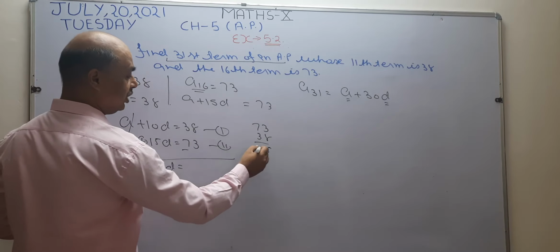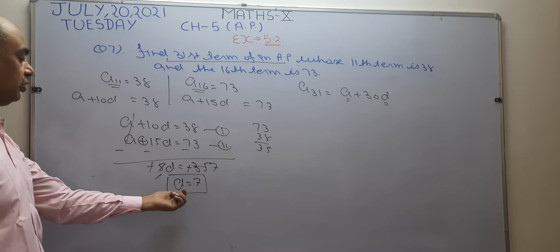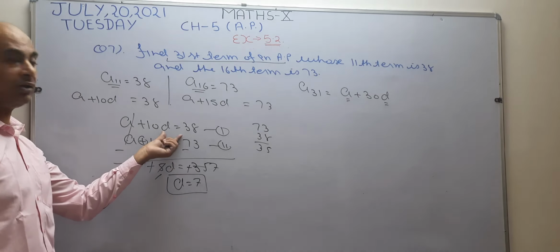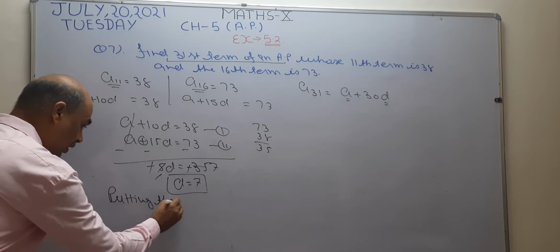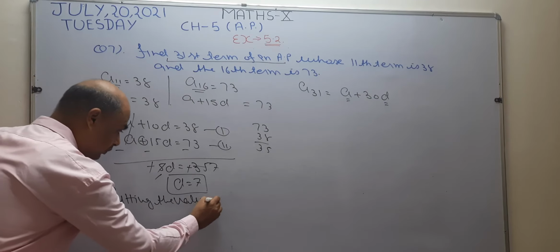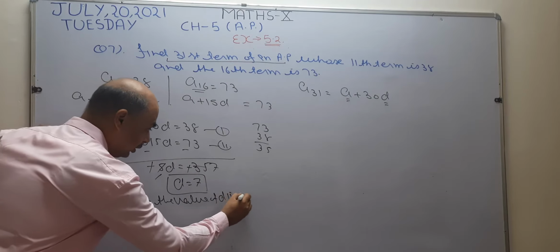Now, after getting the value of D, I want to substitute this value of D in equation number 1, so that I can find the value of A. Putting the value of D in equation number 1: equation number 1 is A plus 10D equal to 38.